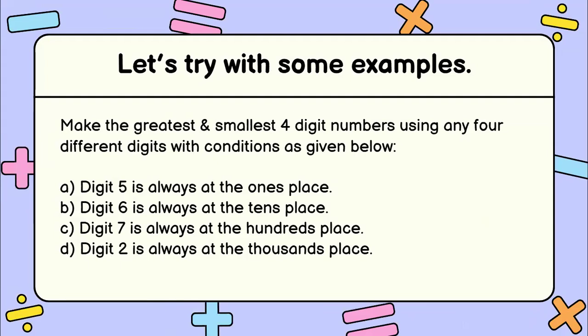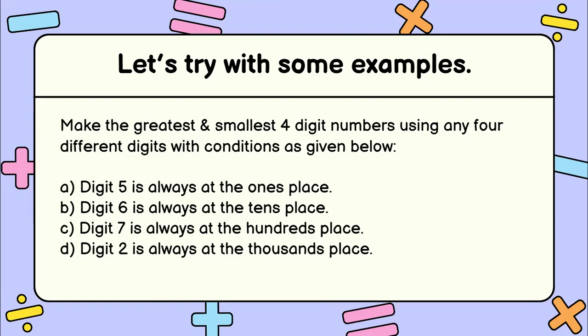Let's try one more question. Make the greatest and smallest 4-digit numbers using any 4 different digits with conditions as given below. No repetition in this. And the conditions given below are: for the A sequence, digit 5 is always at the ones place. For the B sequence, digit 6 is always at the tens place.